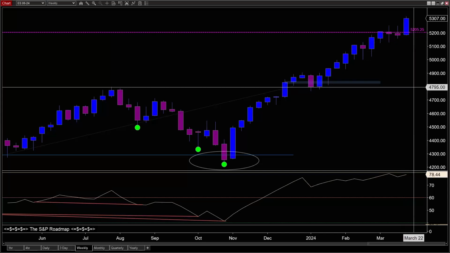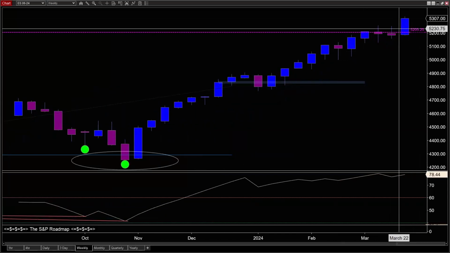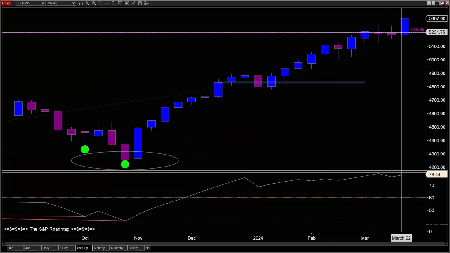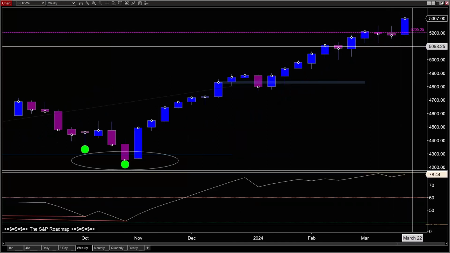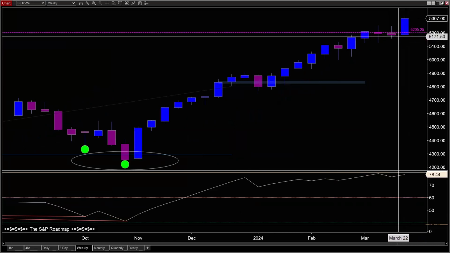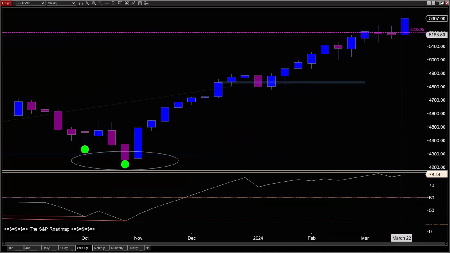But what ended up happening this week is we meandered back and forth right inside of the last two weeks of price action, and the bears were never able to get down below 50% of that previous bearish looking weekly candle. So it kind of got down by a couple points, but then recovered and chopped.